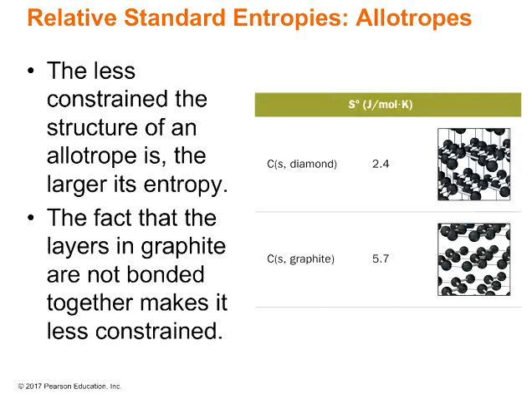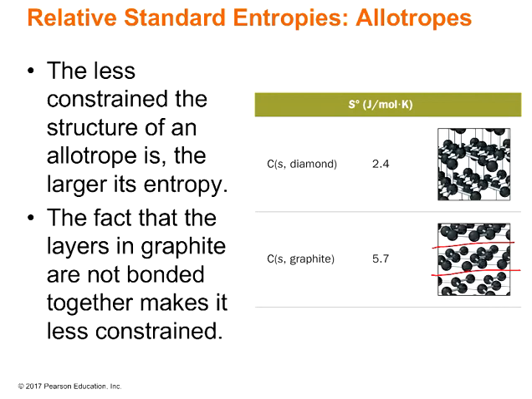The less constrained the structure of an allotrope is, the larger its entropy. If we look at graphite, you might remember from a long time ago, we were comparing diamond to graphite, and we said that graphite actually has sheets. That's why we use graphite in our pencils, because as we write, sheets of carbon come off of that structure.